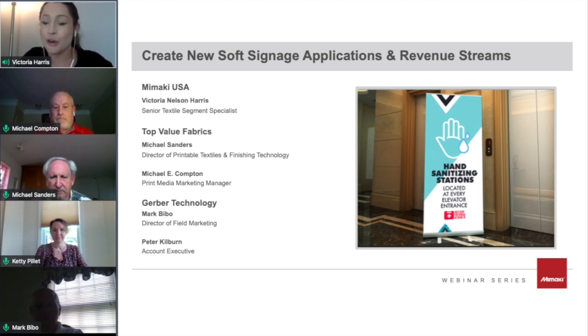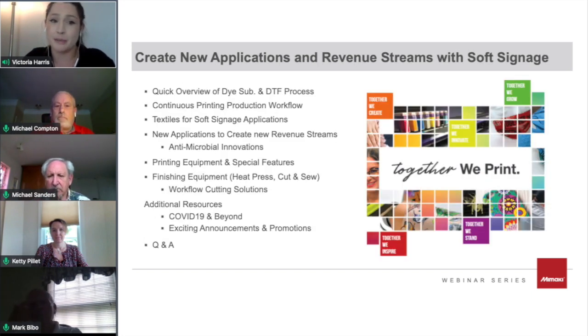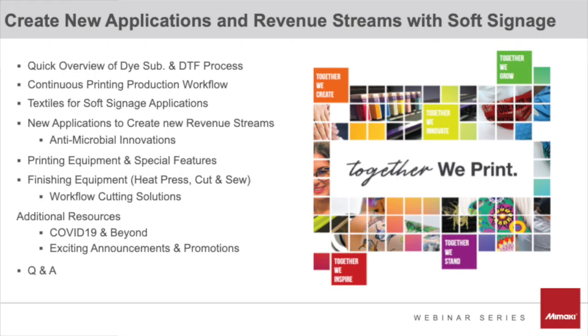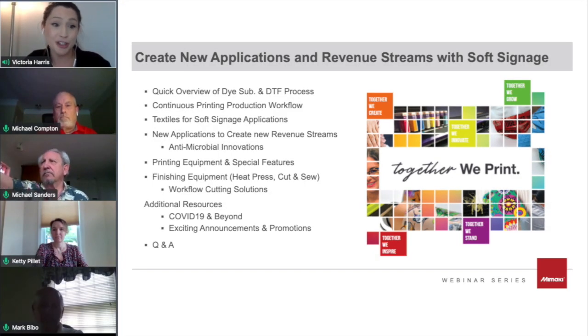I'm going to go over a quick overview of what the webinar will entail. We'll go over the dye sublimation, transfer, and direct-to-fabric disperse process. Then we'll discuss the continuous printing production workflow, share with you the textiles for soft signage applications, some new and exciting antimicrobial innovations for soft signage. Then we'll discuss the finishing equipment and different printing and finishing equipment and the special features.